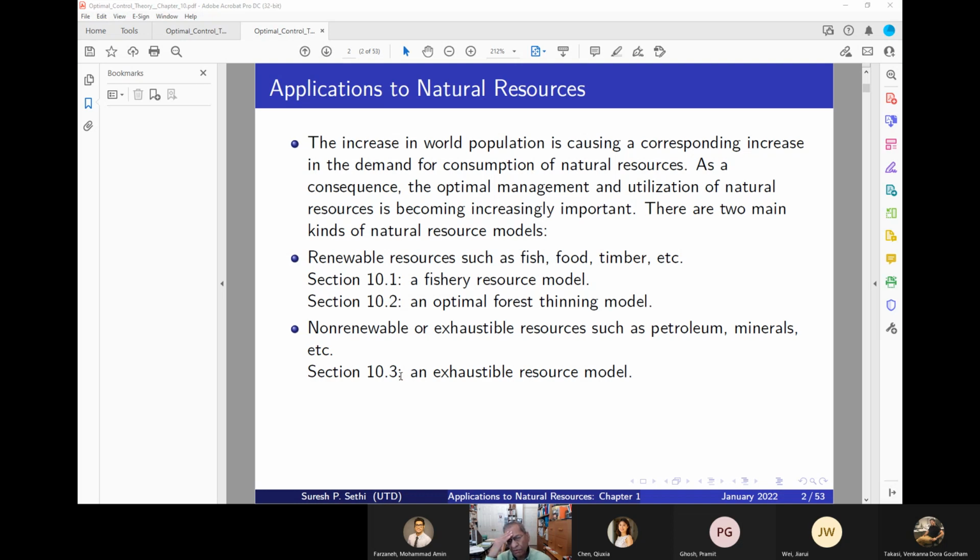But what I do is, instead of maximizing a profit for the oil company, I solve 3 problems. I solve the problem of maximizing the profit for the oil company. I solve the problem to maximize consumer surplus. And I solve the problem of maximizing alpha times consumer surplus plus 1 minus alpha times producer surplus.